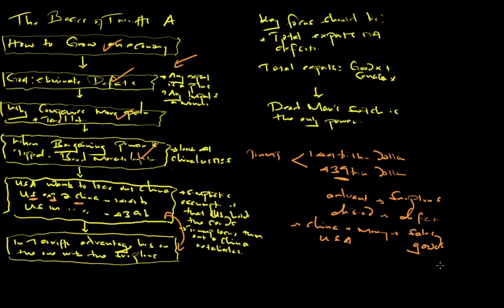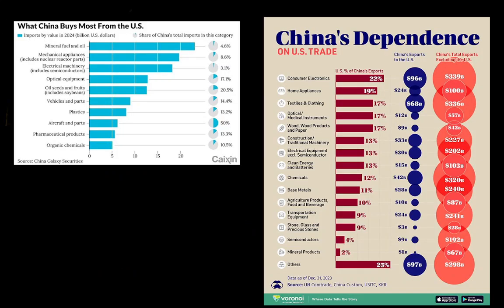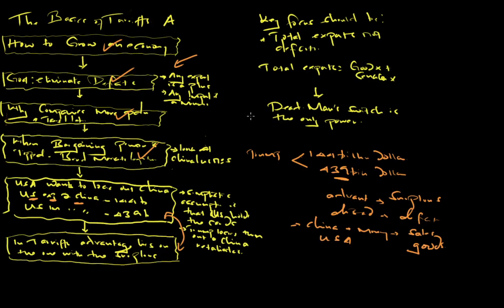And this is seen when we look at the data layer right here that we spoke about. America cannot afford not to buy from China in terms of consumer electronics and home appliances. That is the basic dynamic. China will only give up sales.